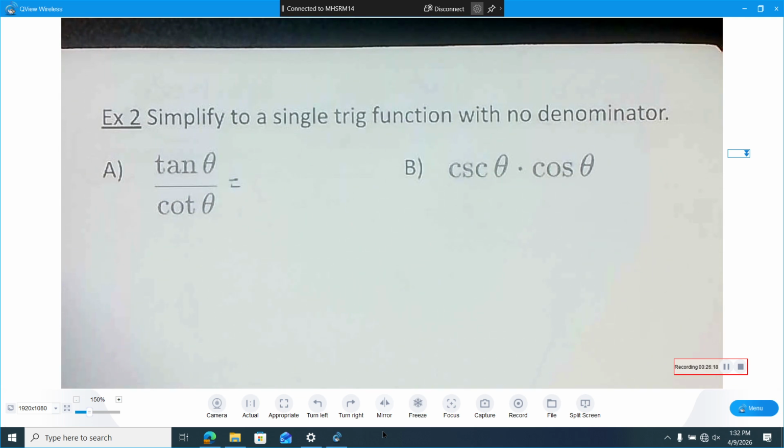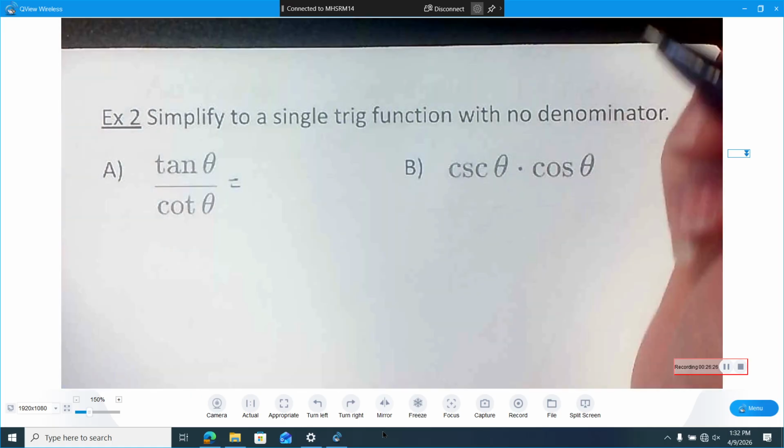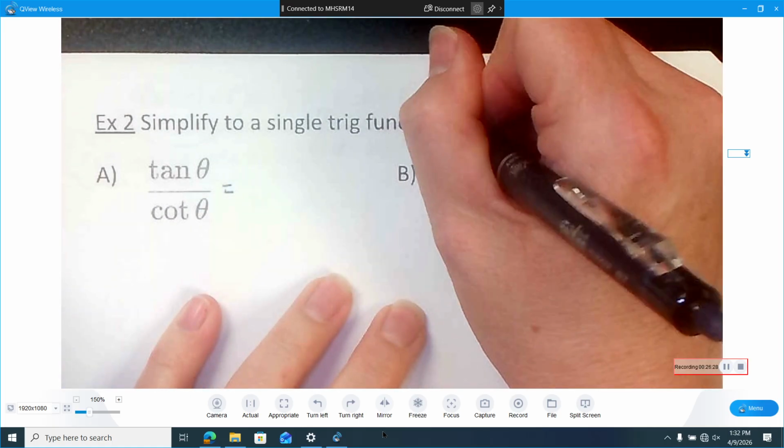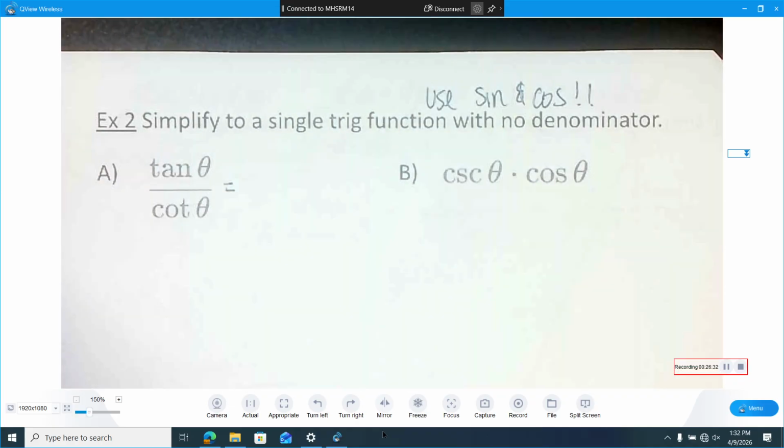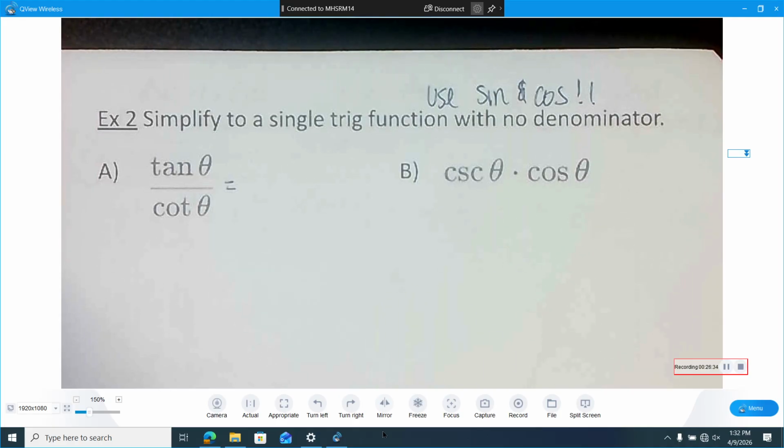You can do it a multitude of ways. There's like 7 different ways that I could simplify this. One is super easy and one is a little bit harder. But in general, I'm going to go with using sine and cosine. That's the rule of thumb most of the time. I did it differently on my own paper.